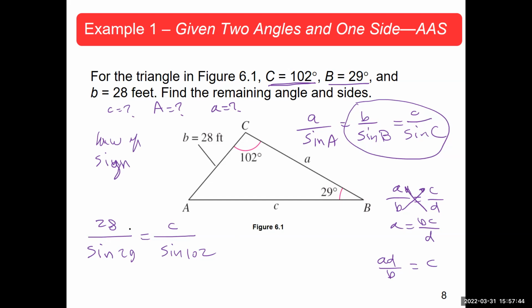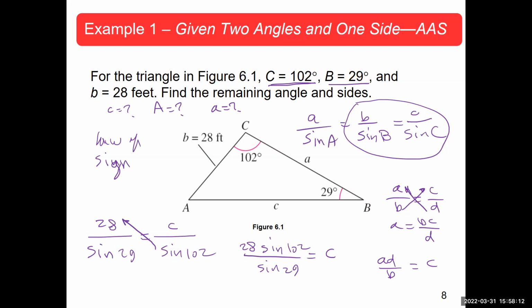So for me, because I'm looking for the C, I'm gonna take the sine to the top here. Then the formula is gonna look like C equal 28 sine of 102 divided by sine of 29. That's it. You can use your calculator, you can find the answer.